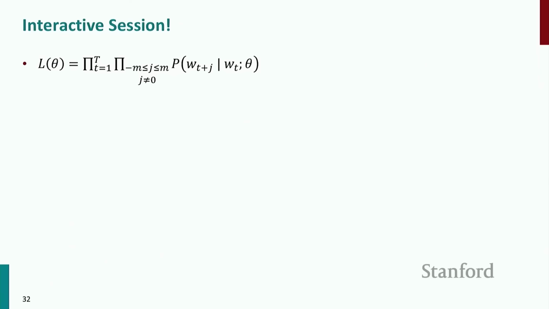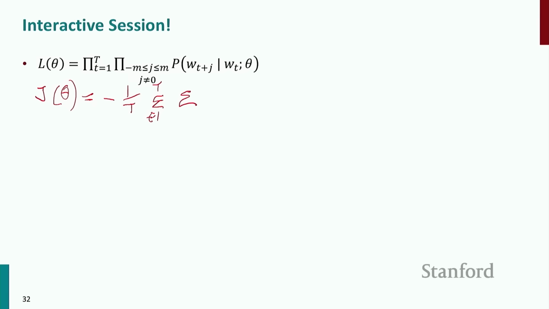So this was our likelihood, and we'd already covered the fact that what we were going to do is have an objective function in terms of our parameters that was the average negative log likelihood across all the words. I'll remember the notation for this.